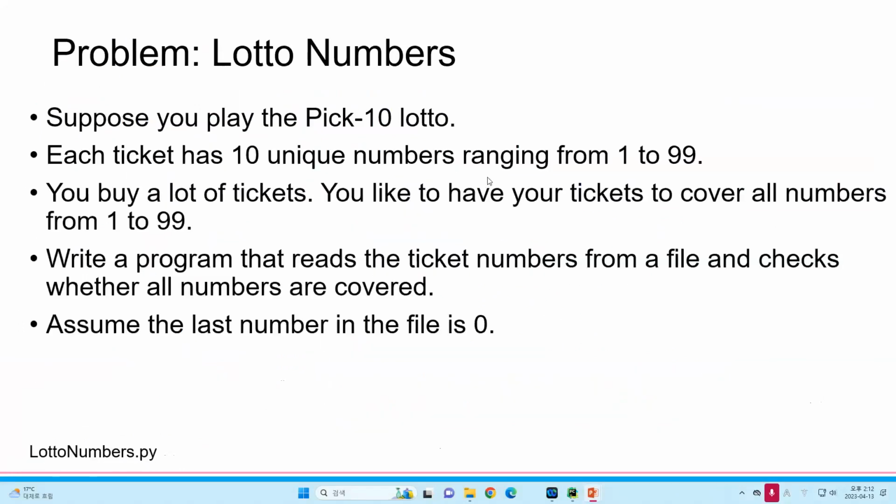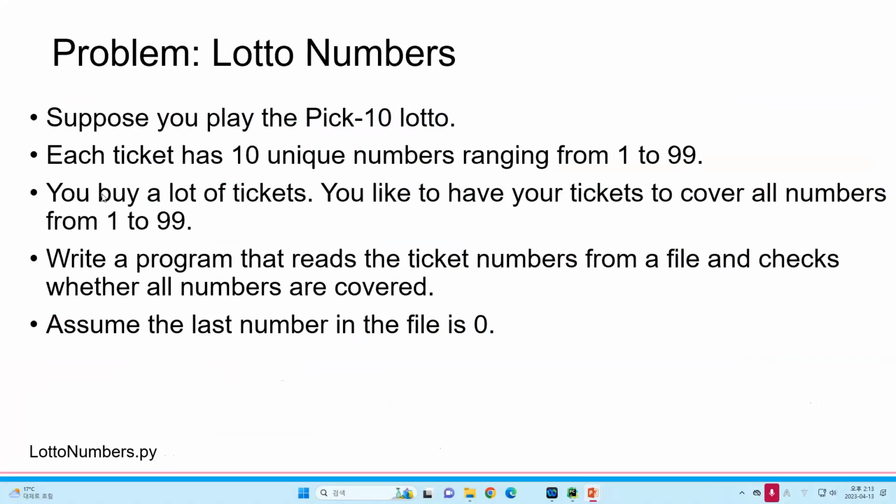So there's a problem about Lotto numbers. I'm not sure if you already know about this Lotto. But let's say you want to play this Lotto and you want to have 10 numbers. Each ticket has 10 unique numbers ranging from 1 until 99.